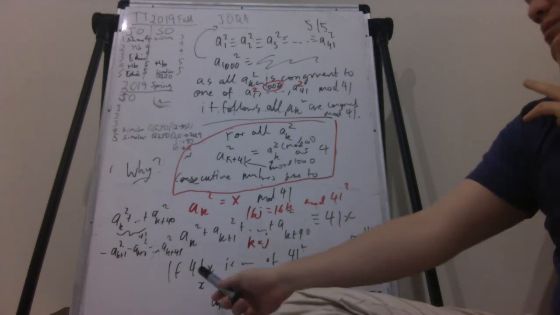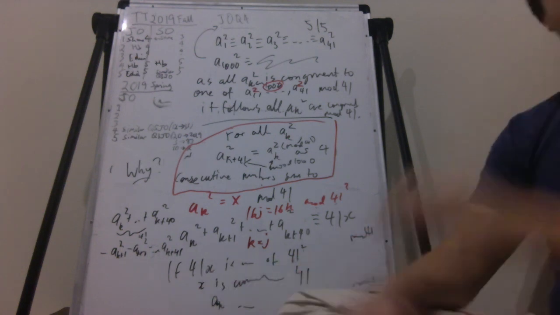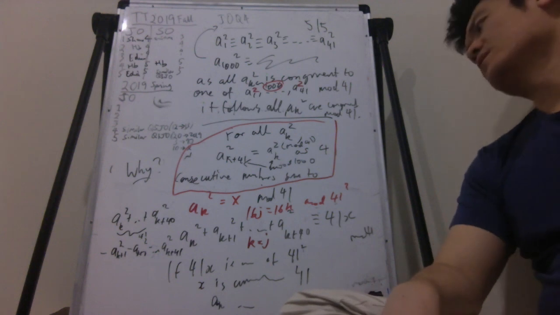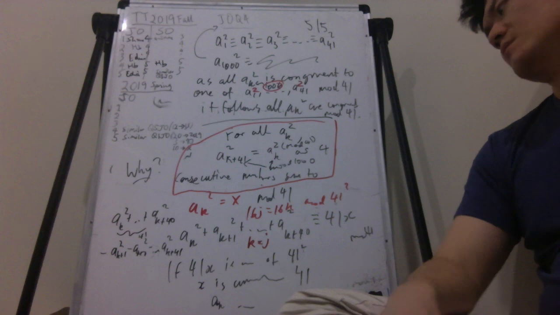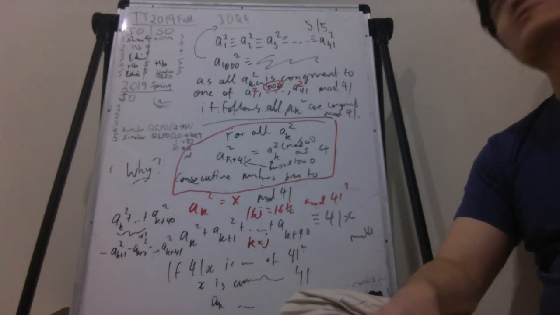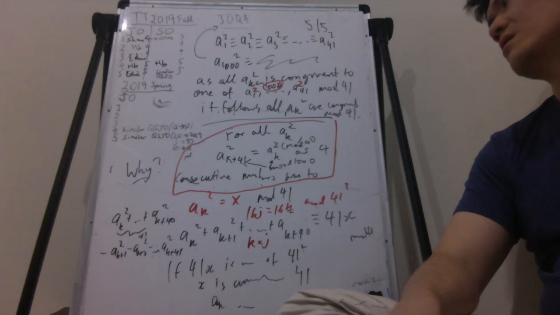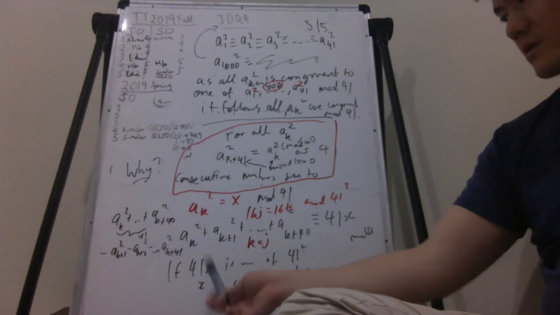Oh, okay, so that's the problem here, right? Because if 41x is divisible by 41 squared, yeah? Oh, okay, hold on. So x is divisible by 41. Is that what that means?